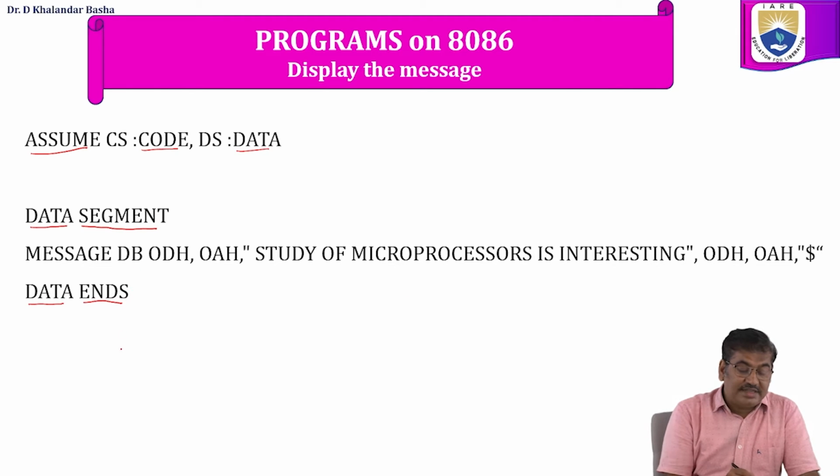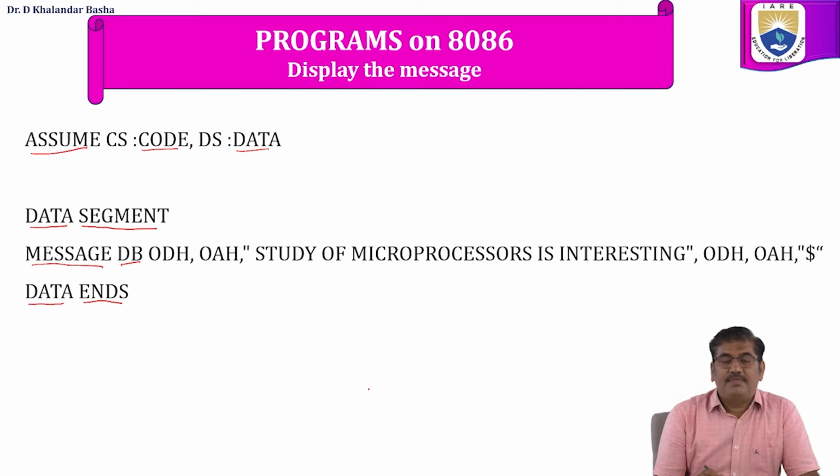Within this data segment, we are going to have a message, where each and every character is declared with DB, which is define byte. Next, 0DH and 0H are the delimiters. The string you are going to display has to be enclosed in double quotes.